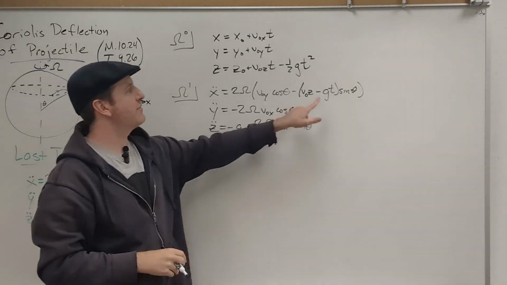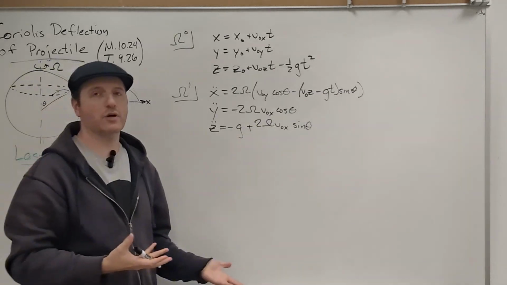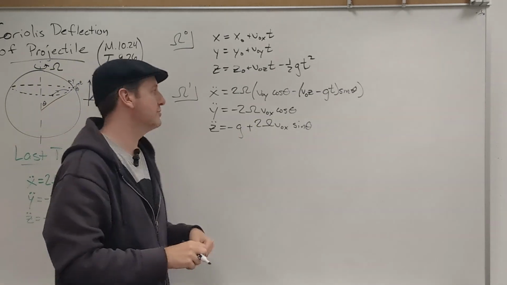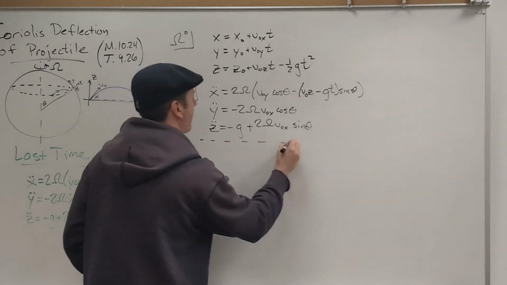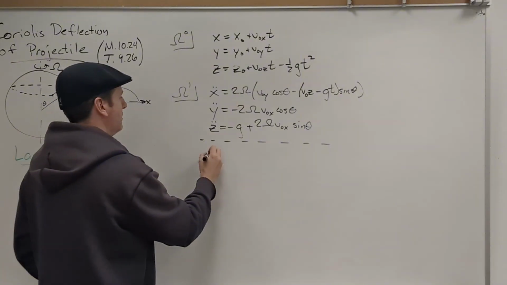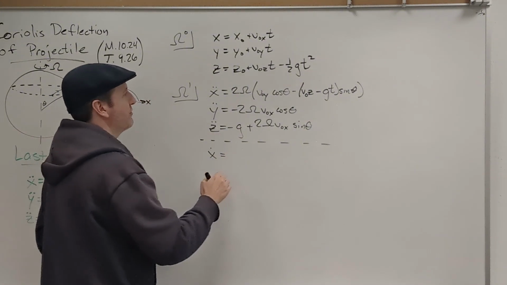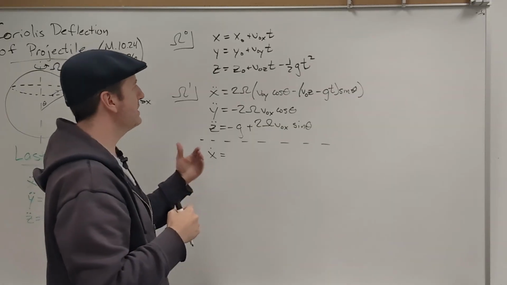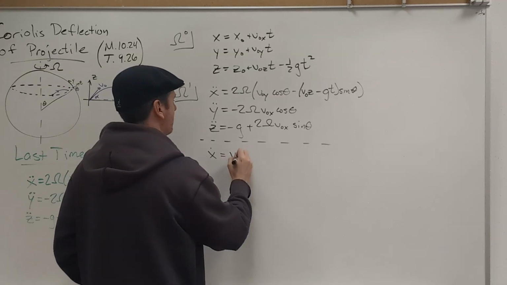Now notice that aside from this t showing up here, all these extra pieces are just constants. So integrating a couple times will not be too hard. Let's see what that gives us. One integral will give us our new x dot. And of course, when t equals 0, I'm going to get a constant of integration, which I'm just going to immediately write as v naught x.